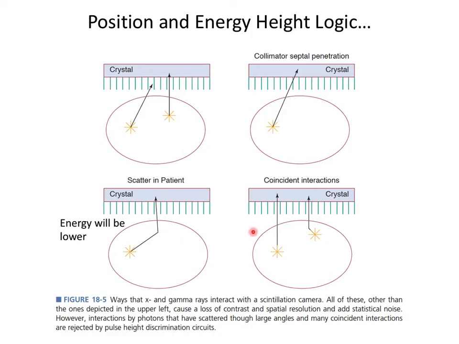You can also have two events occurring where you get PMTs having voltage come out of them and off to your detector circuitry, and these add up to give you what looks like a high enough amplitude signal.